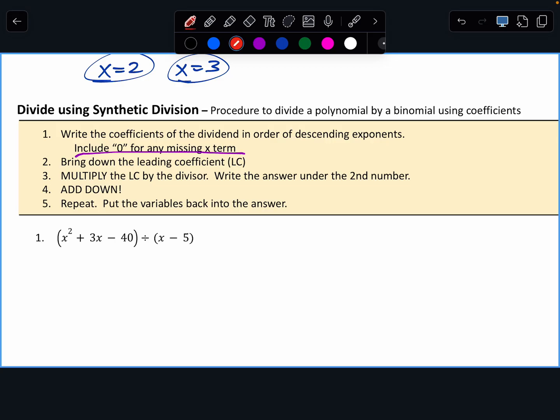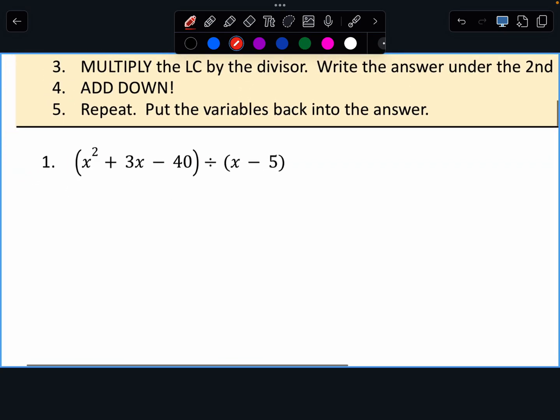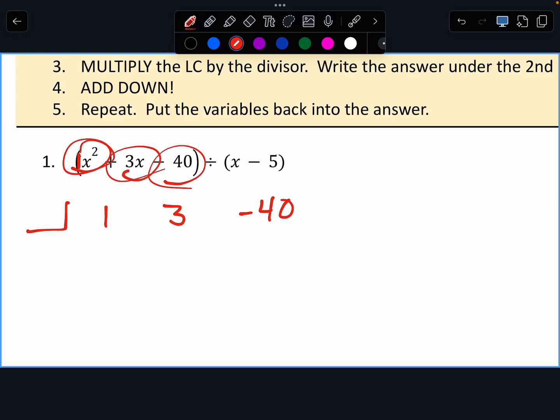The first thing we do is set up our coefficients. I've got 1, 3, and negative 40. Those are these numbers right here. In the box is going to go the zero that we're dividing by, but this is the factor. Keep in mind, we do not want the factor.